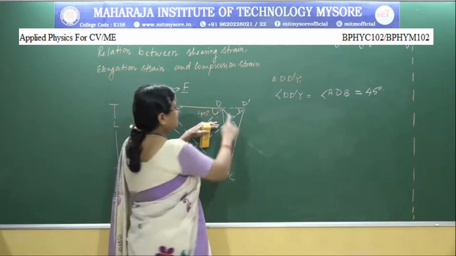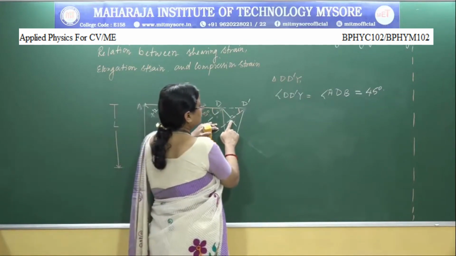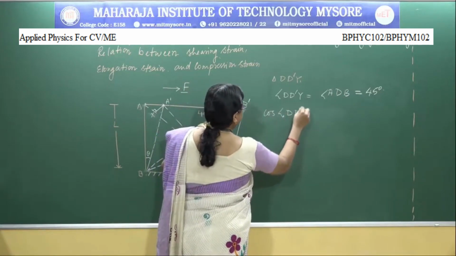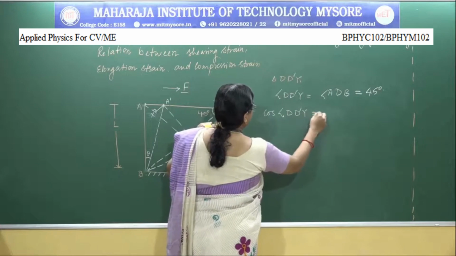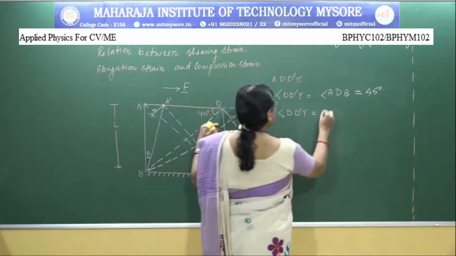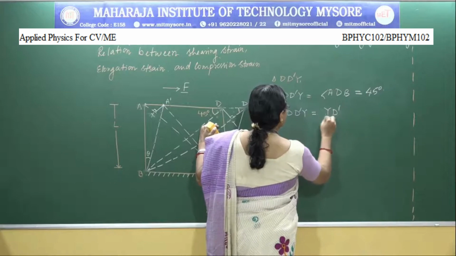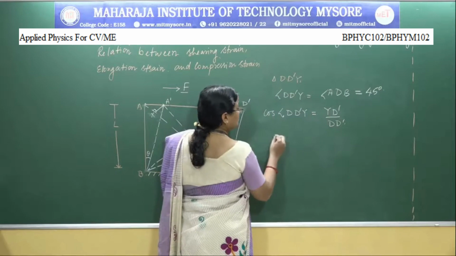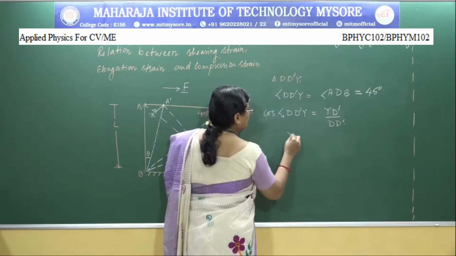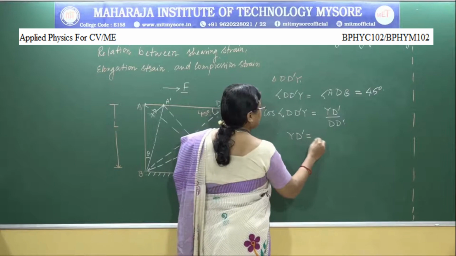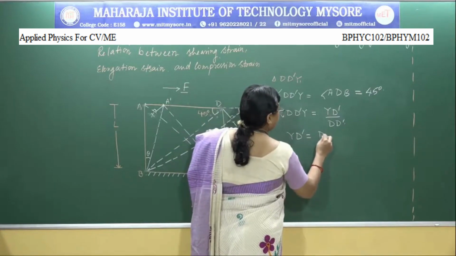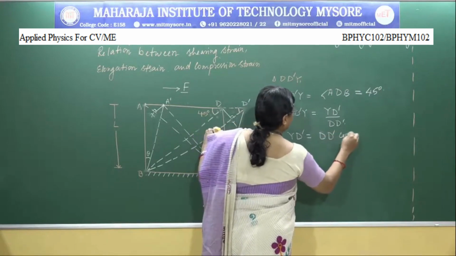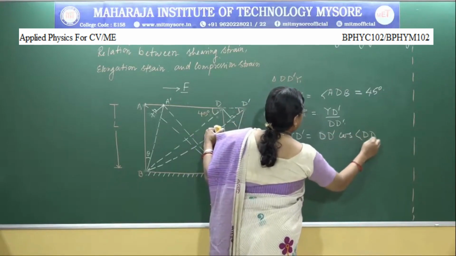So in triangle DD dash Y, we can write cos of angle D dash is equal to YD dash divided by DD dash. Therefore YD dash will be equal to DD dash cos of angle D dash.